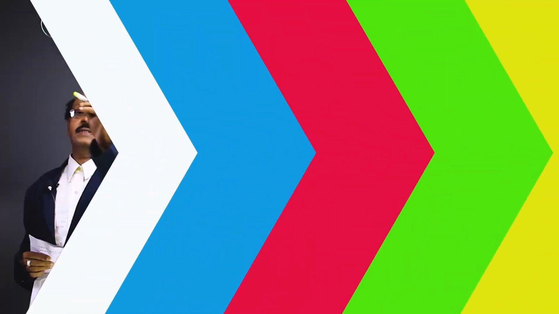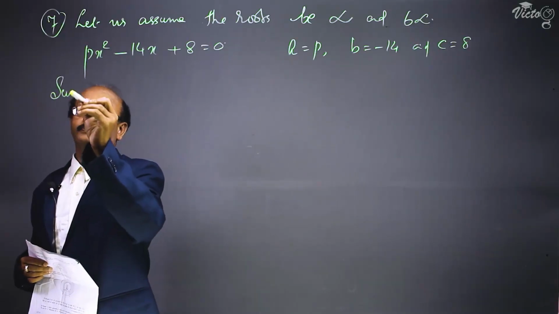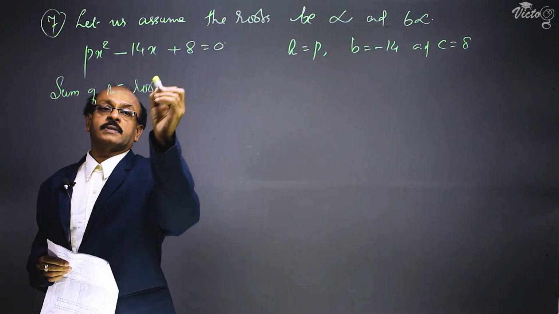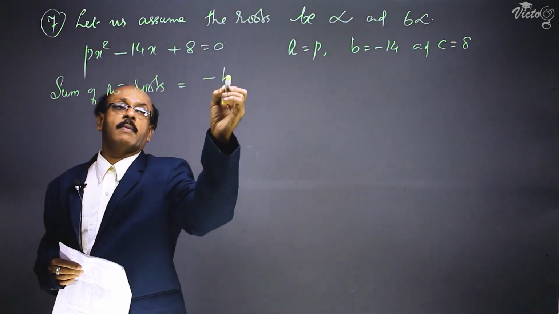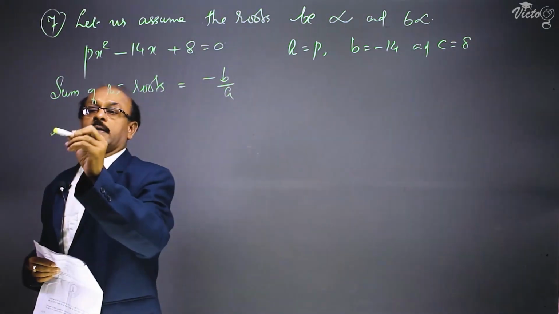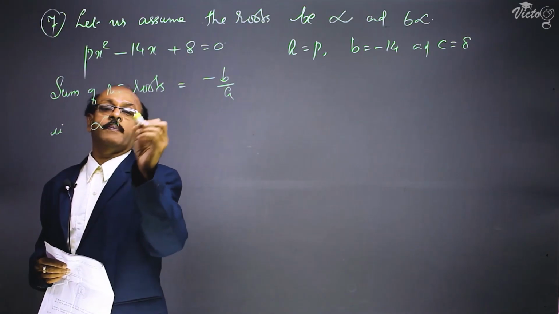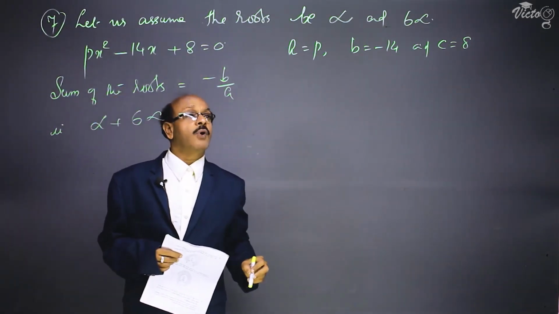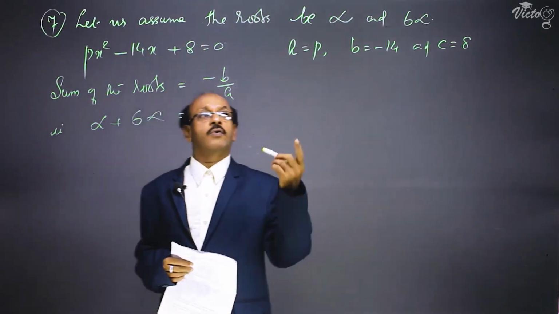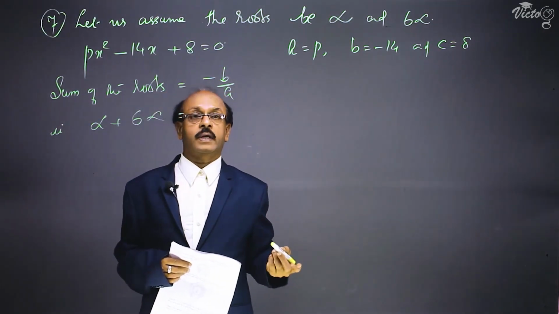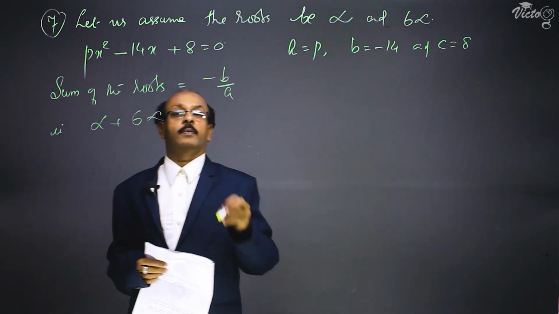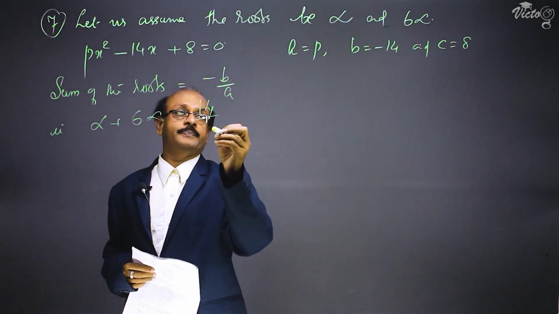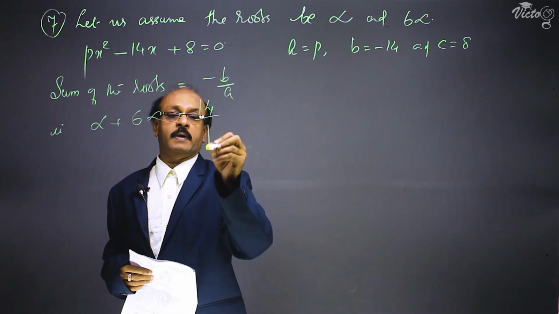That means the sum of the roots is equal to minus b by a. That is alpha plus 6 alpha is equal to minus of minus 14. The value of b itself is minus 14. Therefore minus b is equal to plus 14 by p. The value of a is p.